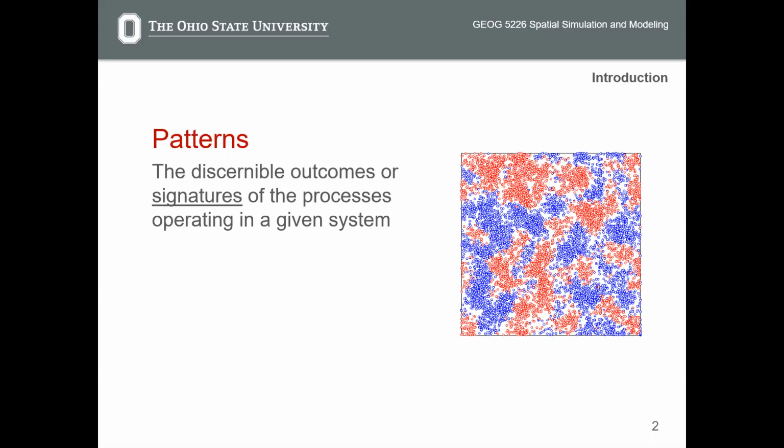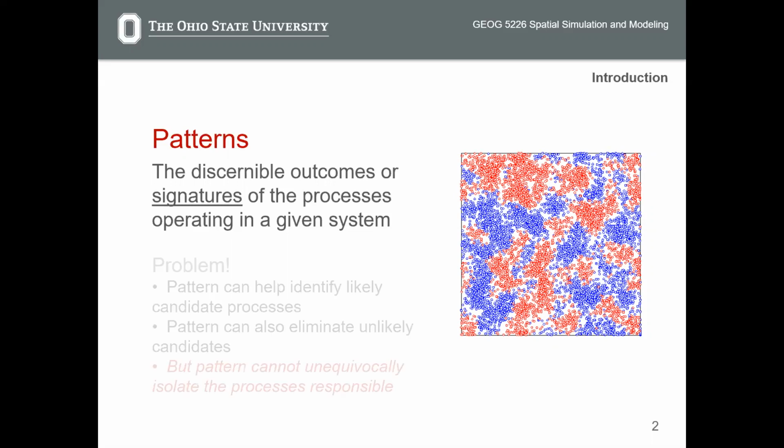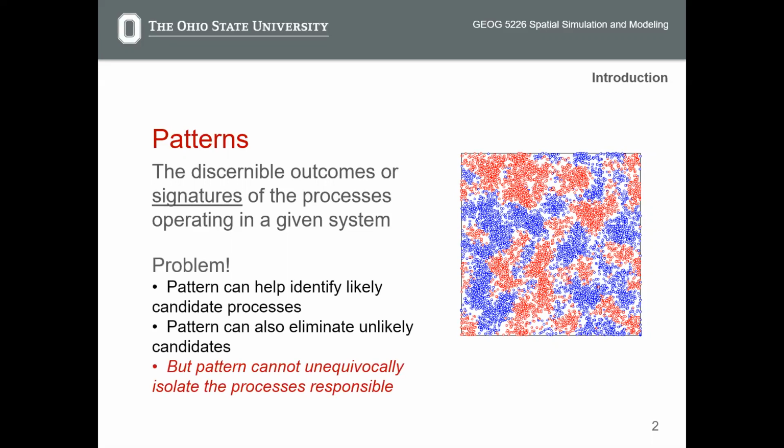You should know that randomness or random is a pattern, but here the pattern is not random, right? So this is a special pattern. And pattern can help identify likely candidate processes, which means that when we're looking at a specific pattern, like I said, it's a result of specific processes.